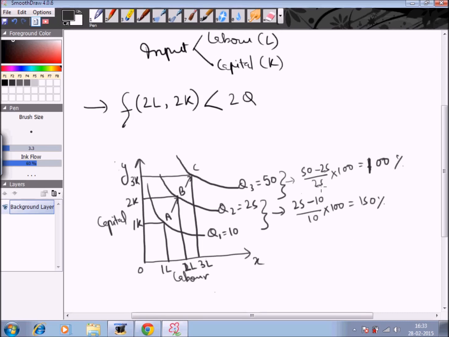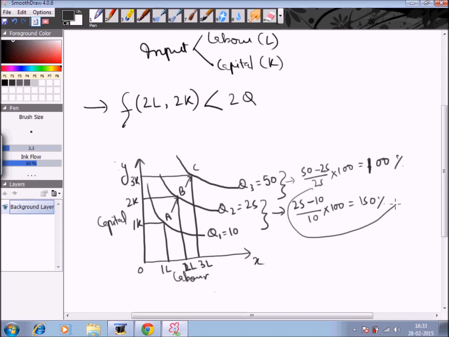So it must be very clear that as I increase the labor and capital, my output gets increased more than the increase in the labor and capital.